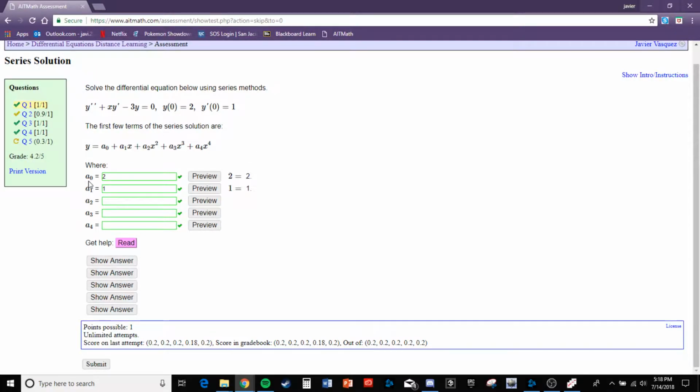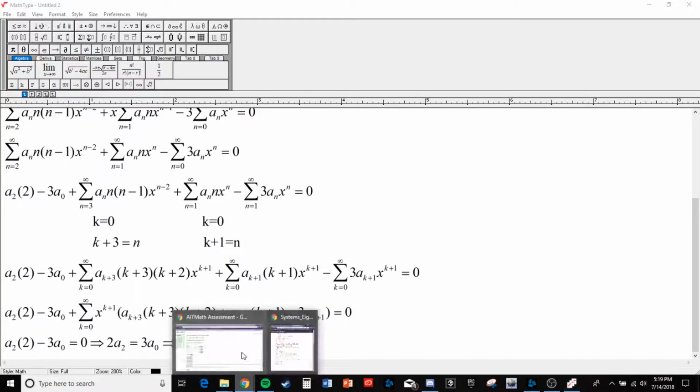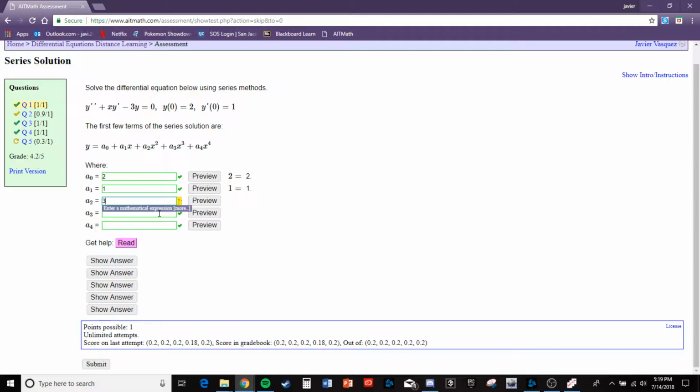Okay, so a sub 0 is going to be 2, meaning 2a sub 2 is going to be equal to 3 times 2, or 6, and a sub 2 is just going to give me 6 over 2, or 3. Okay, so let's type that in right there.